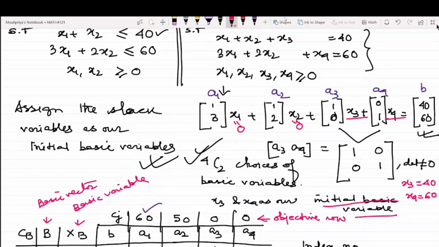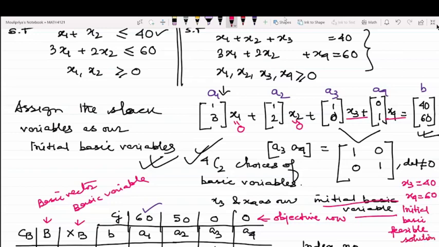Solve করলে তাই হচ্ছে তো? X3 40 and X4 60. Now tell me, since both the variables are getting non-negative values, can I say that the solution that we are getting is the initial basic feasible solution?